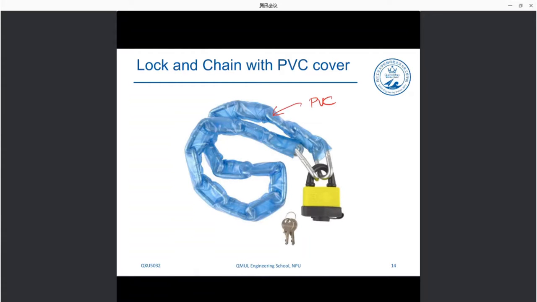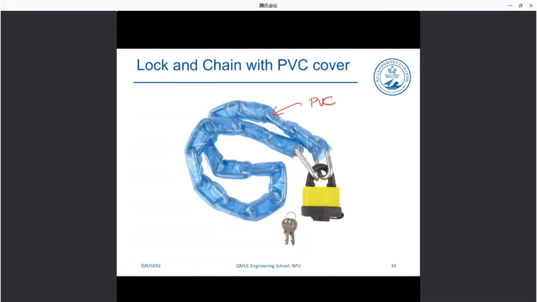And because of that, it wasn't easy for me to handle this lock and chain. But of course, the glass transition temperature is not such a trivial or unimportant phenomenon, such as myself being able to unlock my bike.